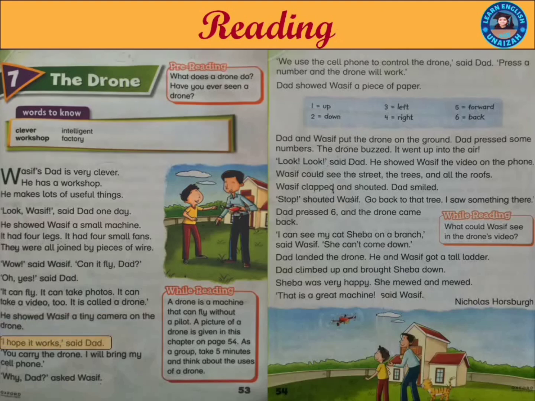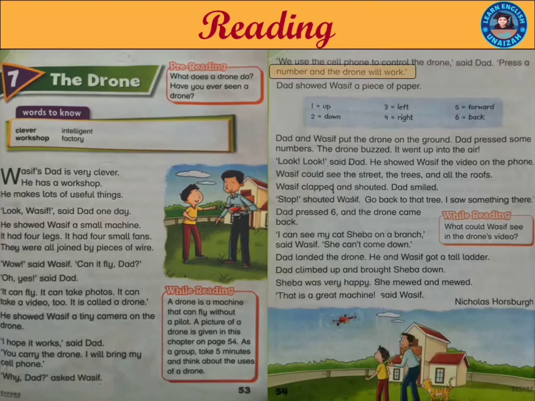I hope it works, said Dad. You carry the drone. I will bring my cell phone. Why, Dad? Asked Wasif. We use the cell phone to control the drone, said Dad.